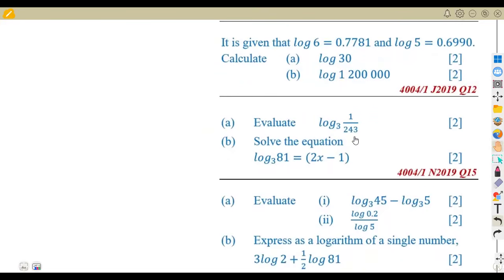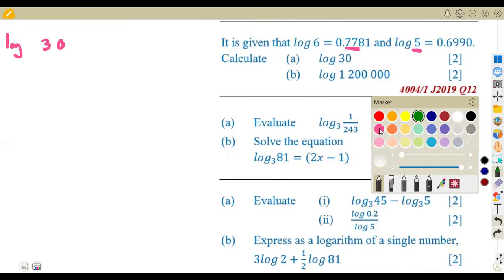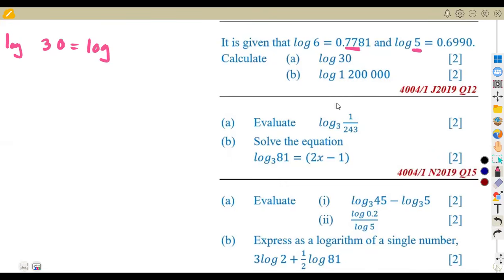Then the other part here, we are given log 6, which is this value, and log 5, which is this value. Then you are asked to evaluate the logarithm of 30. We can get log 30. Remember we talked about separating numbers. The number we are looking at is 30, and we get it from the numbers we were given, 6 and 5. These numbers are carried by logs. That does not mean it is log 5 times log 6, that is different. It is true that we were given log 6 and log 5.